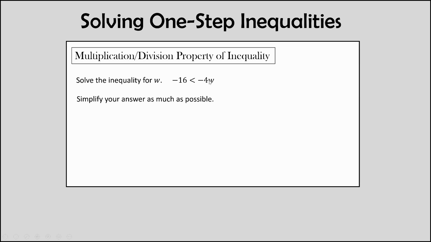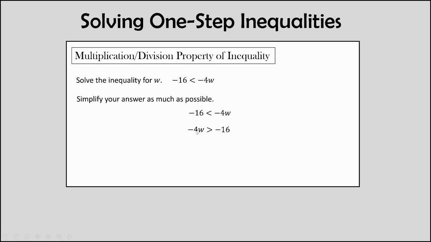Okay. Another one here. So this one, notice again, the variable term's on the right, you want it on the left. So switch sides. I switch the two sides. I change the inequality. Now this is my variable term and it's isolated. It's over here by itself. Now I want to make that -4 become +1. Because I want to know what w equals.